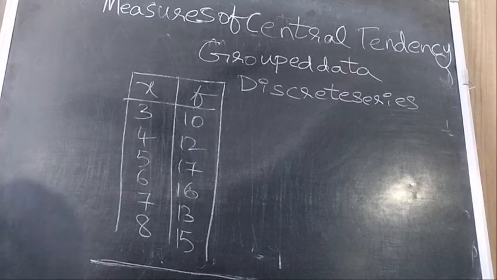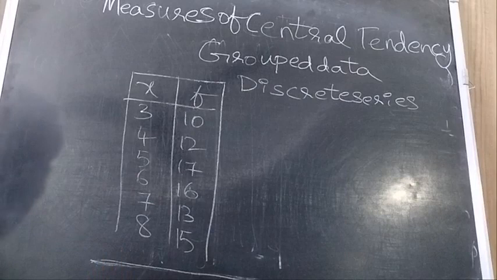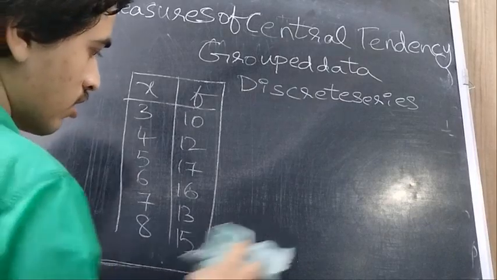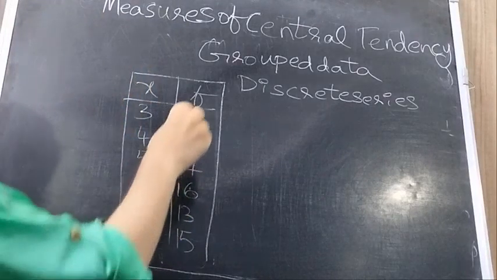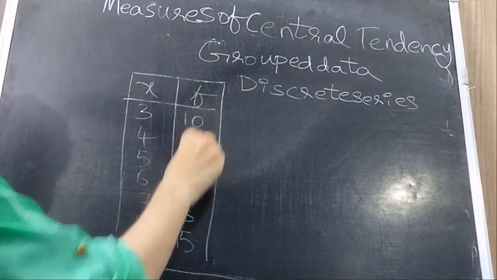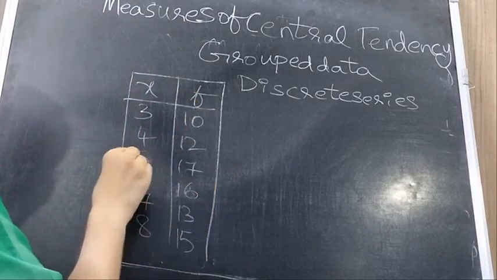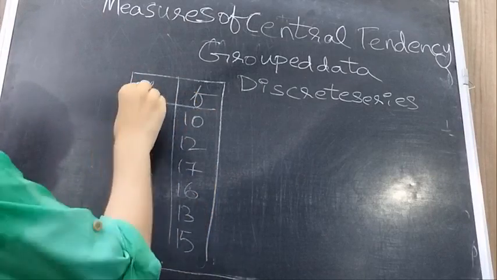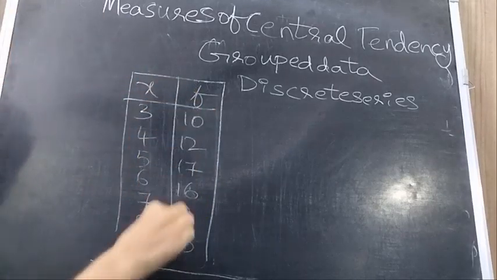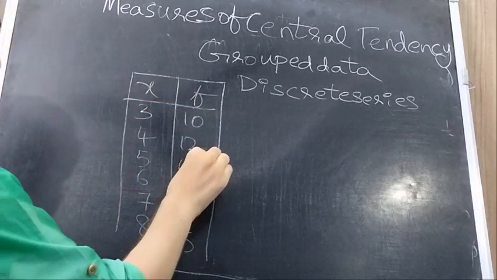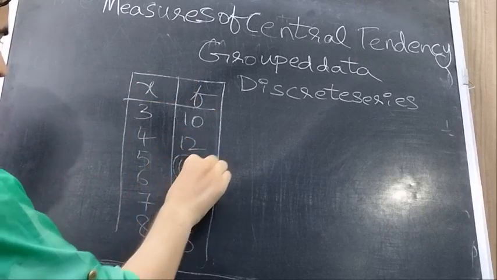Discrete series. Mode in the discrete series is the easiest thing in the measures of central tendency. What you have to do is, in frequency, see the highest value, and the number which is in the x column coinciding with it will be the mode. Here the highest repeated number is 17.